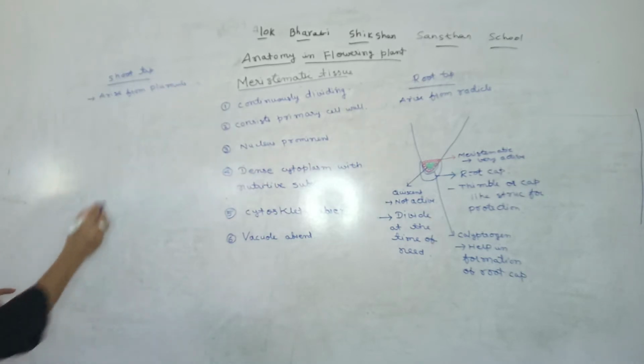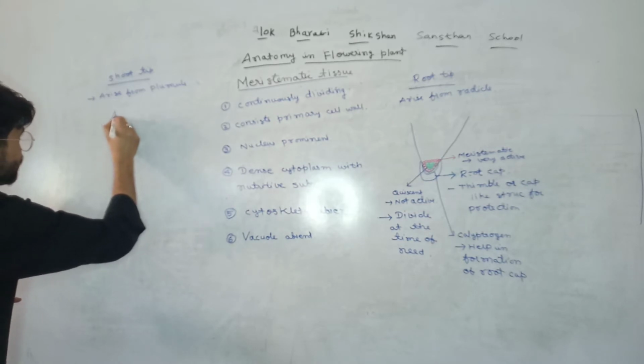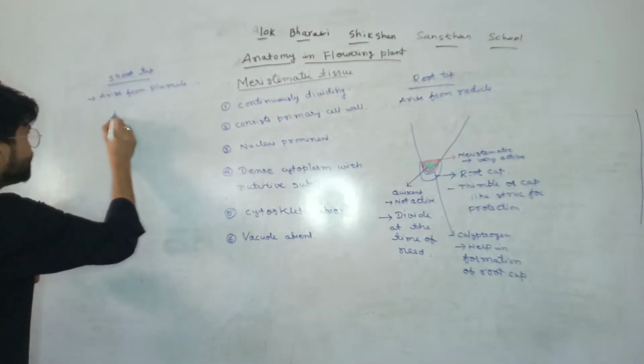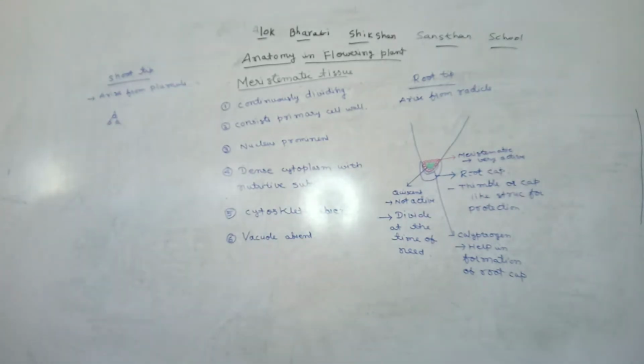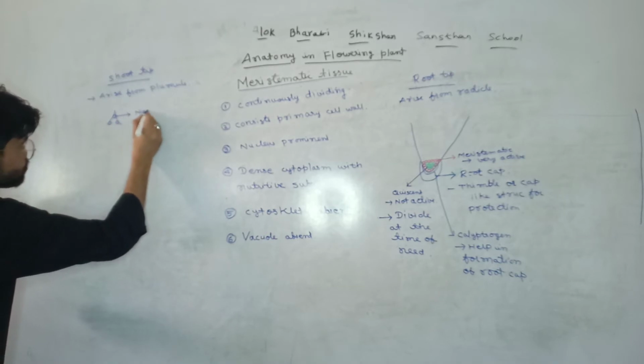Now you can see that this is the picture of the shoot tip. In this shoot tip there are many tissues present, which are known as the meristematic tissue. These all are the meristematic tissue.